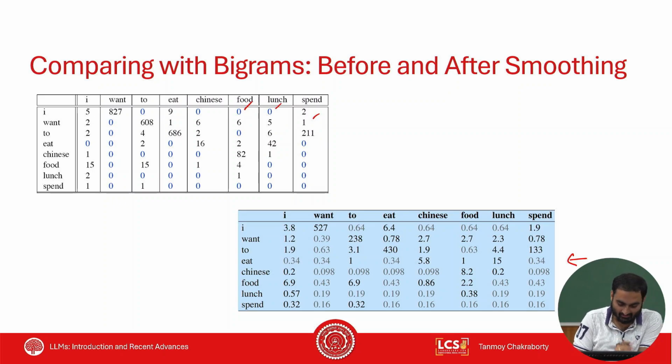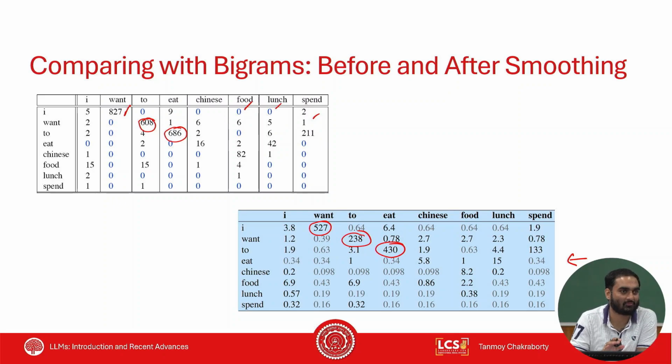The issue is, let's look at some of the high frequency words. 827 is now 527, 608 is now 238, 686 is now 430. A massive drop.